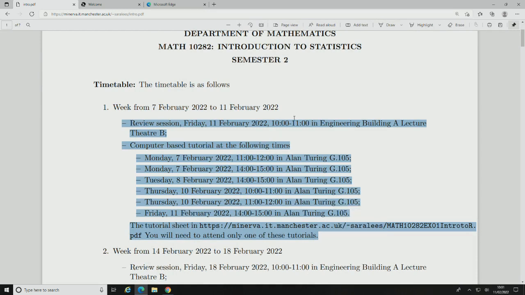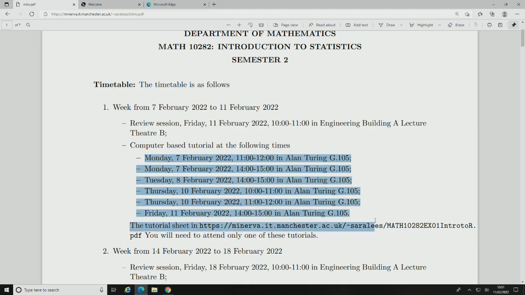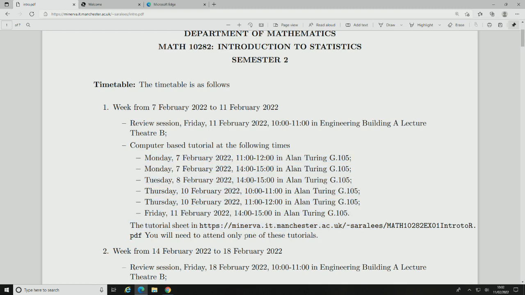There is a review session which is currently taking place, and one of these computer lab sessions, right? I hope that most of you guys have been to one of these, and if you haven't, please come to the one today.